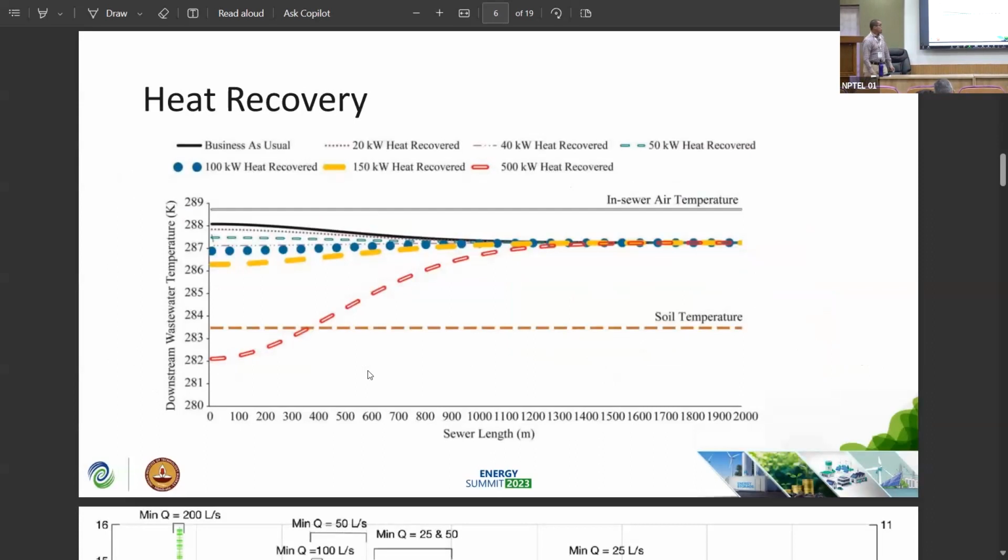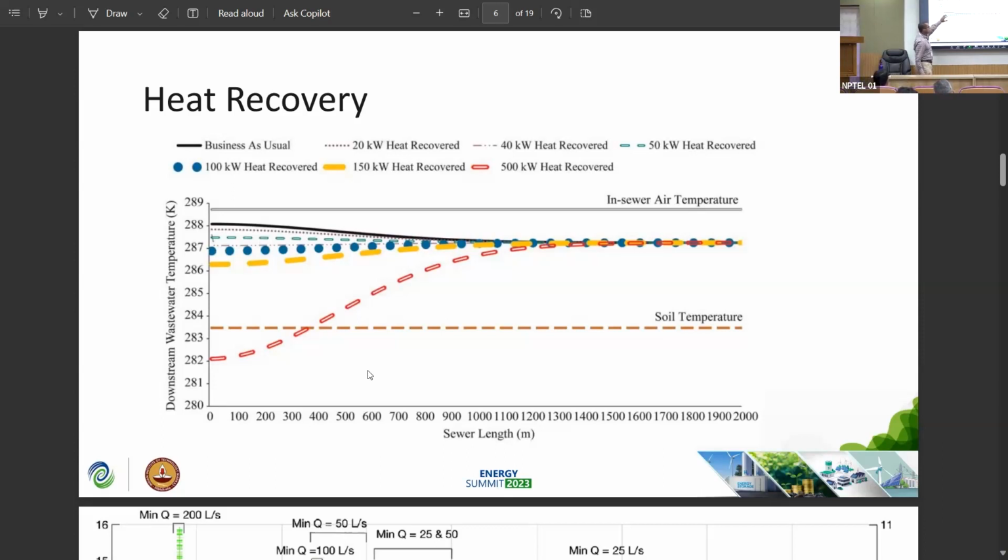To do this, you need to simulate the temperature variation along the pipe profile, and here is an example of this simulation. The solid black line is business as usual, where there's no heat recovery taking place, and then you have the dotted line, for example, that's 20 kilowatts recovered.